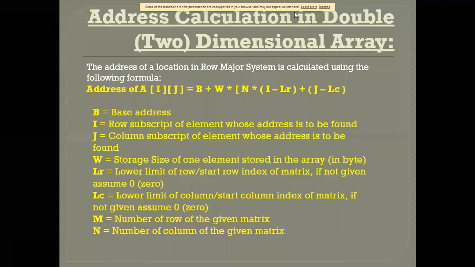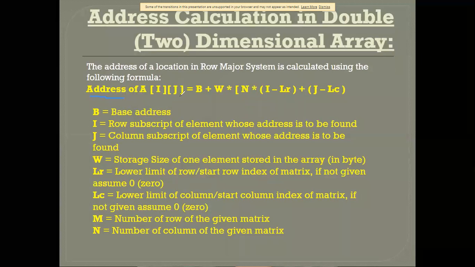Just concentrate on the formula: address of A[i][j] equal to B plus W into N, capital N, into I minus, I means we need to calculate the address of that particular location, minus LR, the lower limit of row, plus J minus lower limit of column.